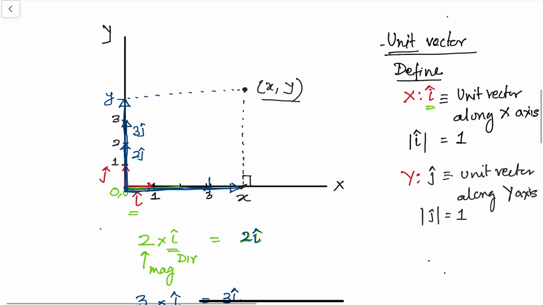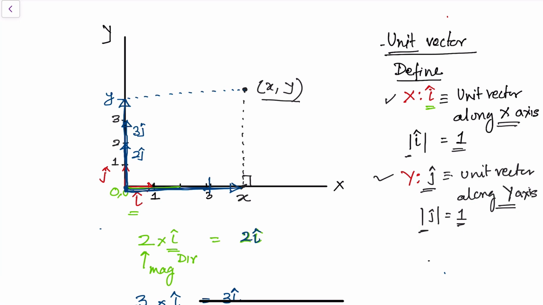Then we have learned the concept of unit vectors. So we defined 2 unit vectors, i cap along the x-axis and j cap along the y-axis. What we have shown is their magnitude is always 1. Their job is only to give direction, they will multiply and give the direction.